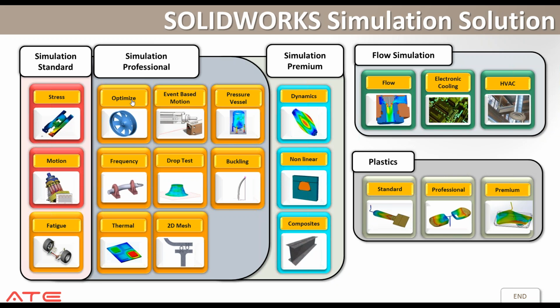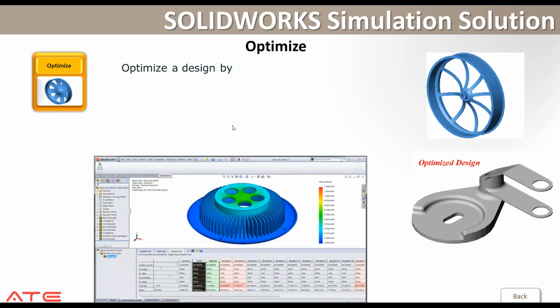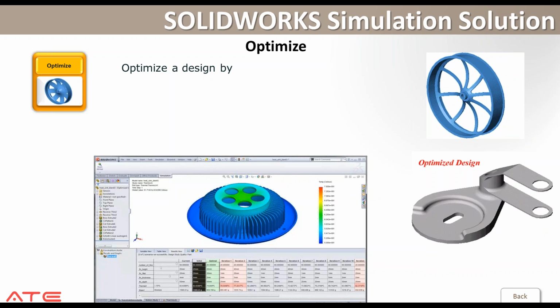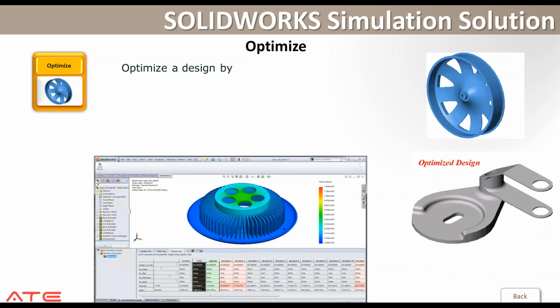So let's look at the optimization capabilities first. What happens here is that the optimization is based on parameters. We calculate the optimization based on parametrics. In short, we call it parametric optimization, which is controlled based on specific values of thickness, radius, linear dimensions, and so on.